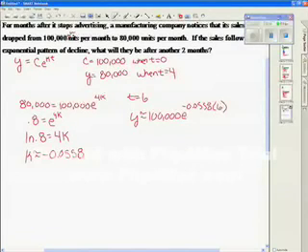And when we put this into a calculator, we get approximately, again, this is not 100% accurate, this is an approximation, 71,500 units.